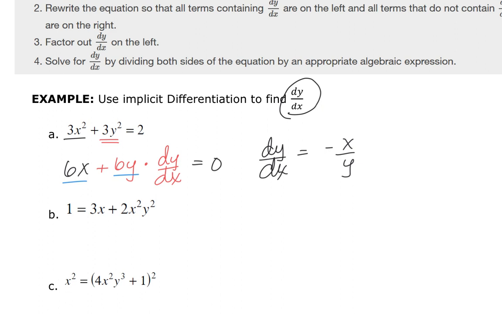So the derivative of 1 is 0. The derivative of 3x is just 3, plus, my u is going to be 2x squared, which means u prime is going to be 4x. My v is going to be y squared, and my v prime is going to be 2y.